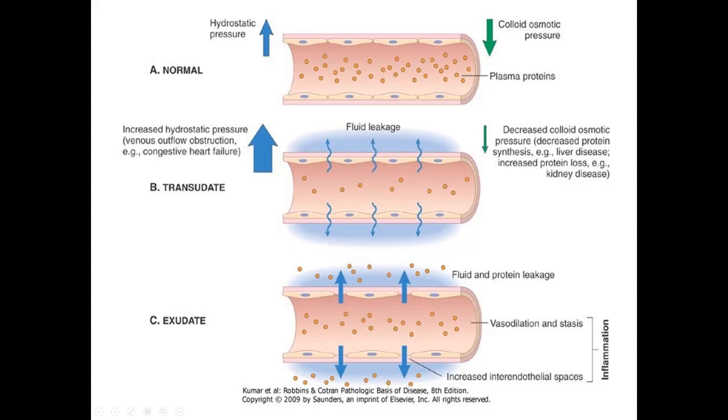They also result in fluid leakage and lead to transudate. In exudate, there is leakage of fluid and protein as a result of inflammation. This may be due to increased interendothelial spaces and vasodilatation and stasis.